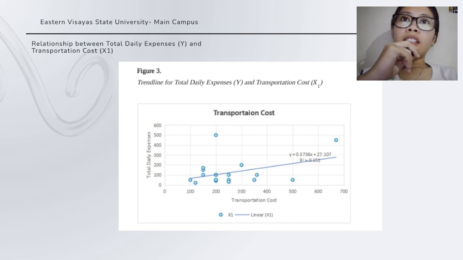On the other hand, since our r squared is very low, which is 0.151 or 15.1%, the transportation cost is a weak predictor of overall daily spending. So in this case, we can conclude that most of the total daily expenses are not covered by the transportation cost. So we therefore conclude that transportation cost is a weak predictor.